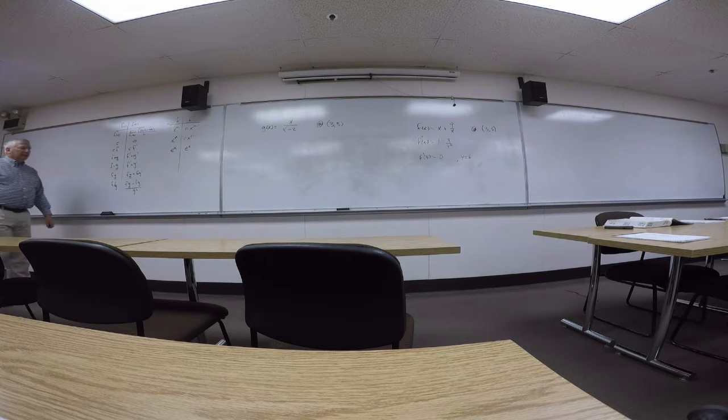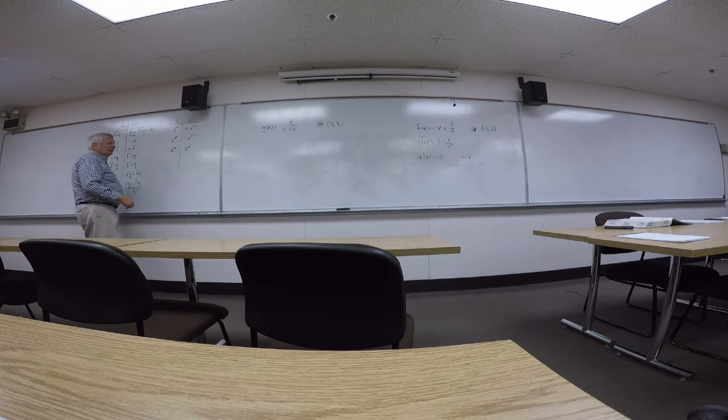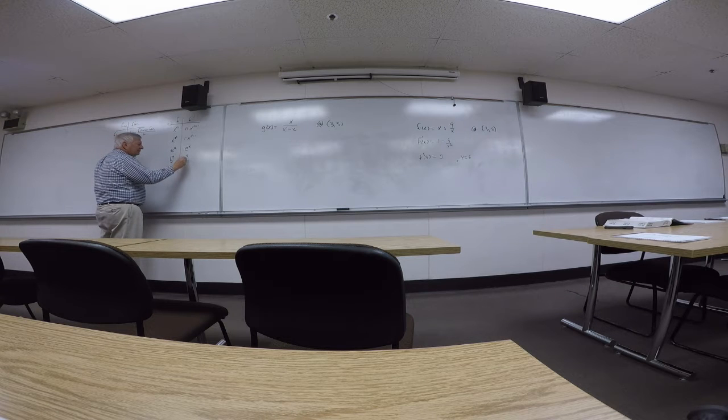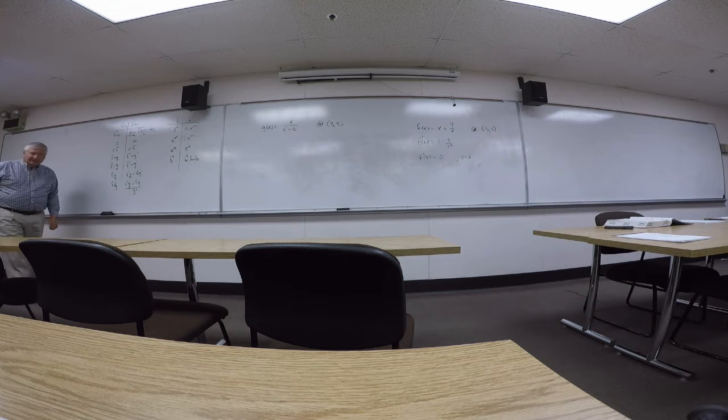And we applied the same empirical argument we did at 7 to the x, but it doesn't have to be 7, it can be any base, b to the x. And we get back b to the x, but it's altered by the natural logarithm of the base. So we have those rules.